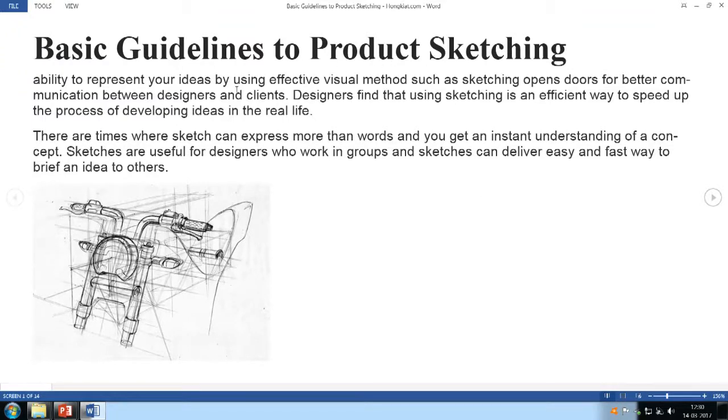An ability to represent your ideas by using methods such as sketching opens doors for better communication between designers, and in the case they keep on saying clients. In my case, in our case, I still feel you need to get a consensus of your ideas being implemented within the organization.